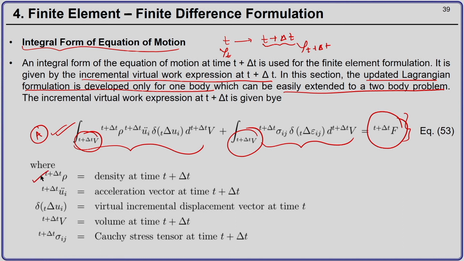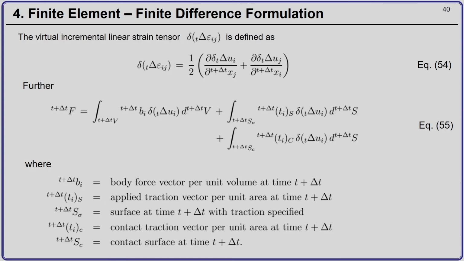Here you have the density at time t plus delta t, the acceleration, and the virtual incremental displacement vector at time t. You have the configuration of the volume at time t plus delta t, and this is the Cauchy stress at time t plus delta t. Then the virtual incremental linear strain tensor can be written using the following equation.